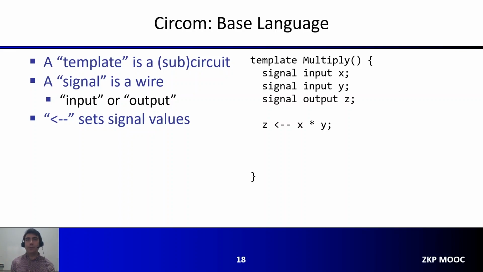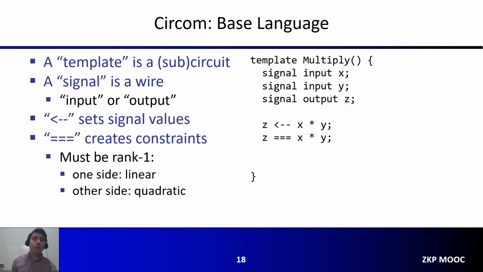You create rank 1 constraints separately. So we're going to do that by saying that z triple equals x times y. And triple equals is the operator for creating rank 1 constraints, so there are some constraints associated with how you use it. Whenever you use triple equals, one side has to be a linear function of signals, and the other side has to be a quadratic expression, or a rank 1 constraint, the product of two linear combinations.